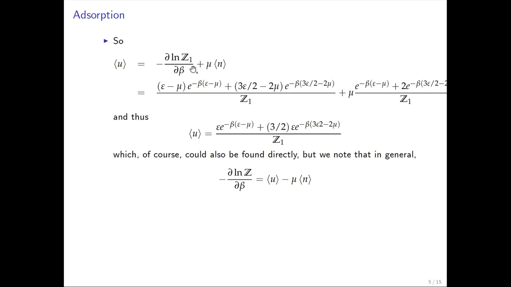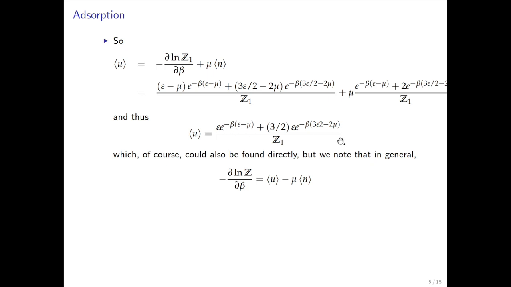Now let's work out this derivative from our partition function. We'll see we get two terms here. Oops, it looks like one of them got cut off. Well, you can see what this is. It's just this factor here.